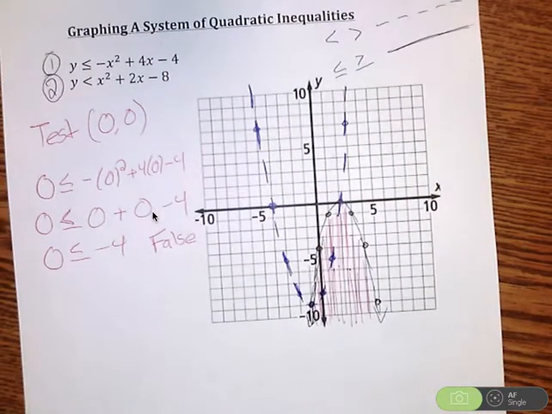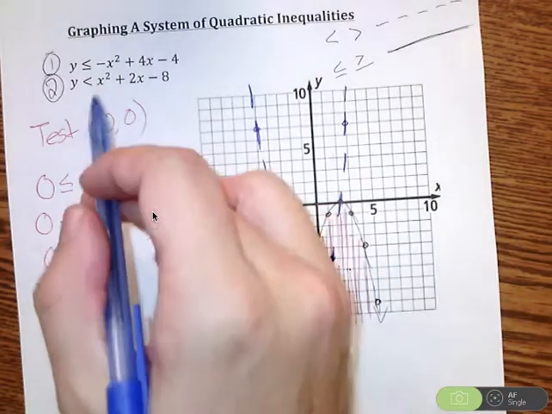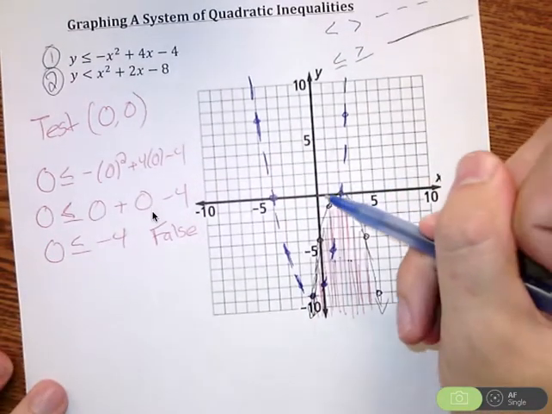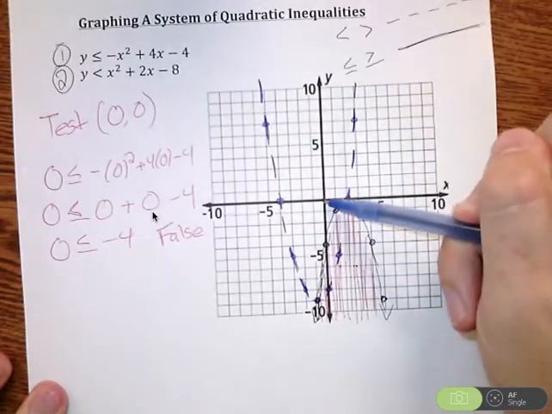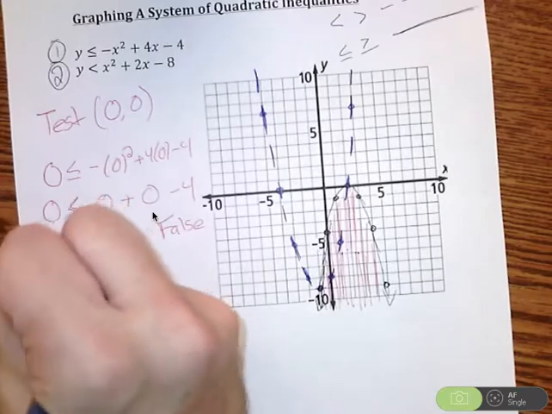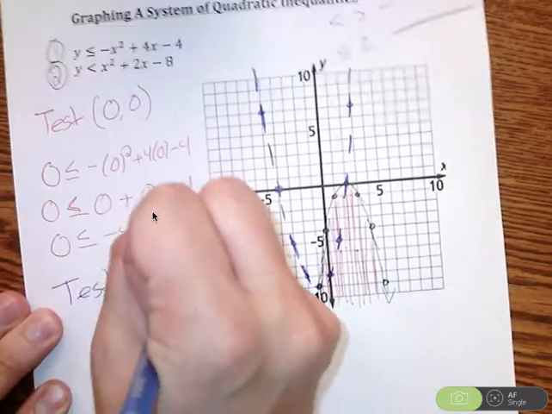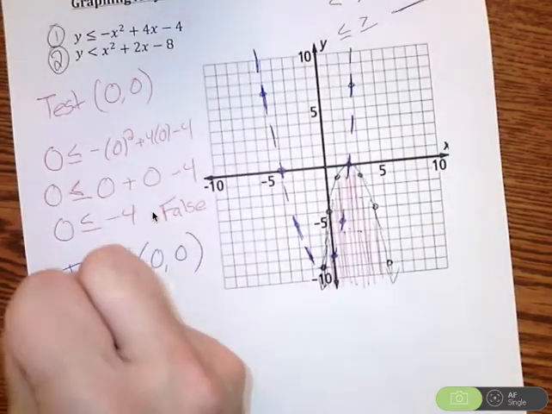Next step is I need to figure out where the shading is at. So I'm going to test 0, 0 again. So looking at my blue inequality, the second one, 0, 0 is on the inside. So I'm going to test 0, 0.